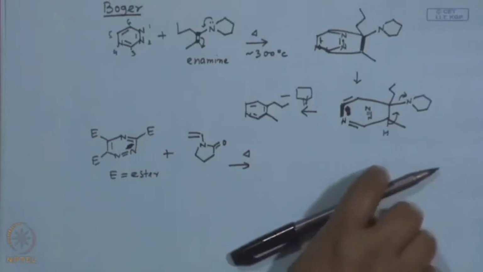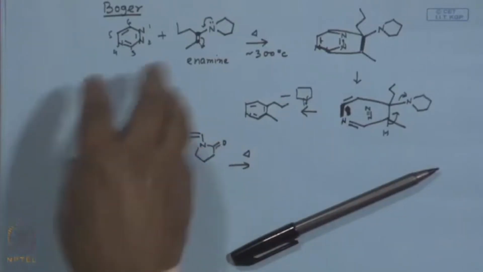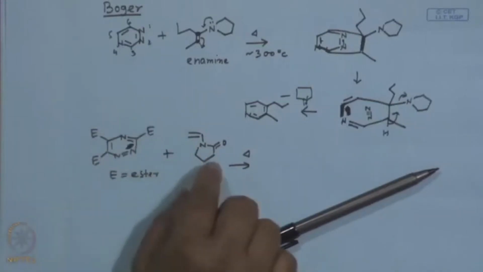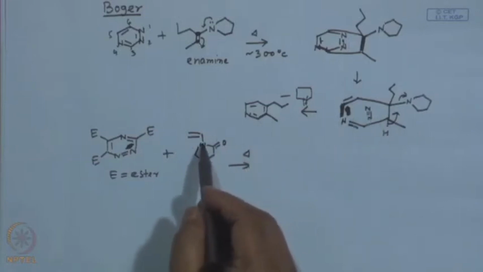Okay. So, the way we have been writing it, it is easier to make out now. We already know that triazine is an electron deficient diene system. So, this should be an electron rich dienophile. And now you have to see the orientations.